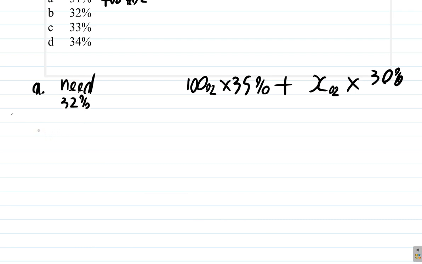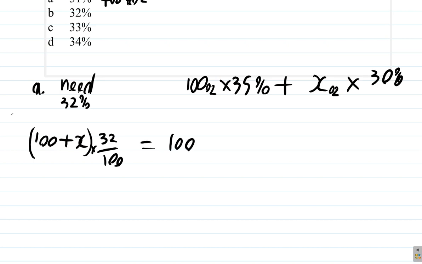So what you have is 100 ounces plus x ounces of 32% equal to 100 ounces of 35% plus x ounces of 30%.